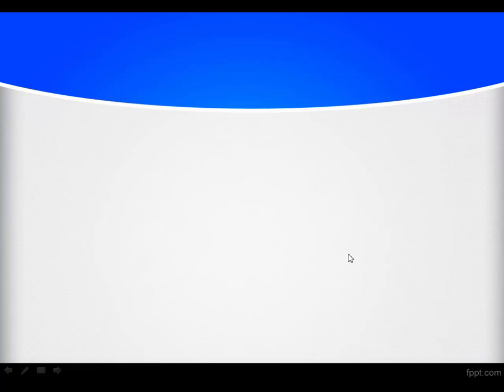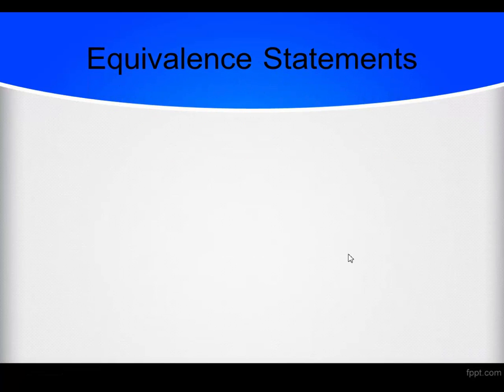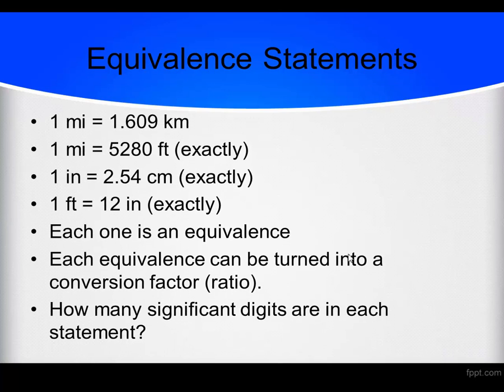What it's called is dimensional analysis, and dimensional analysis uses equivalence statements. Equivalence statements are things like 1 mile is exactly 1.609 kilometers. Another thing: 1 mile is 5,280 feet. 1 inch is exactly 2.54 centimeters.